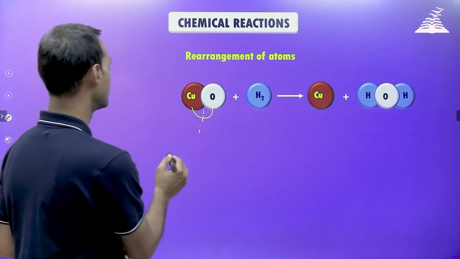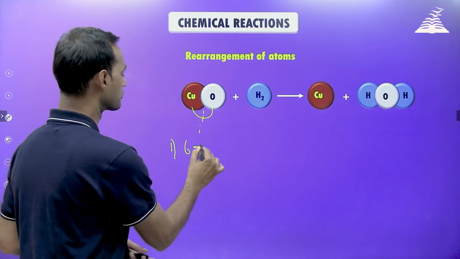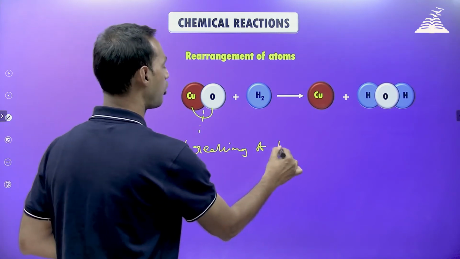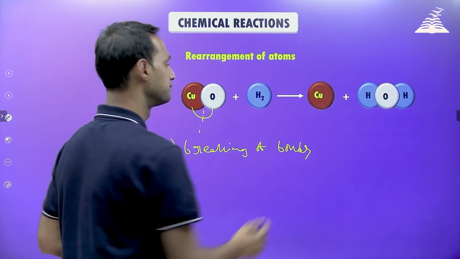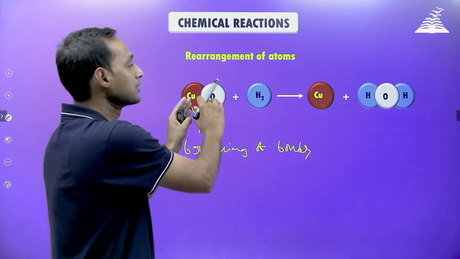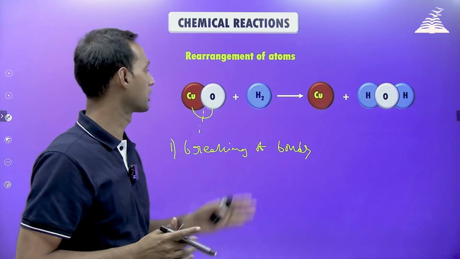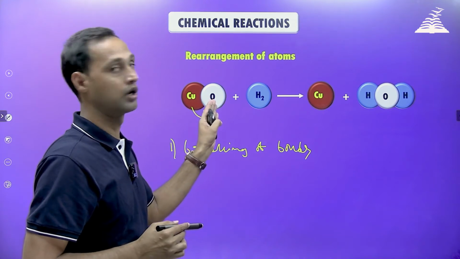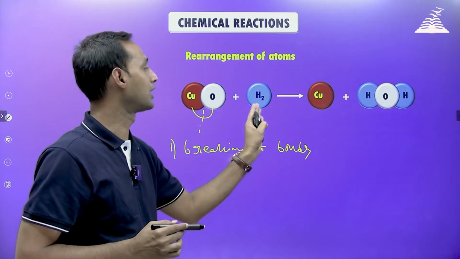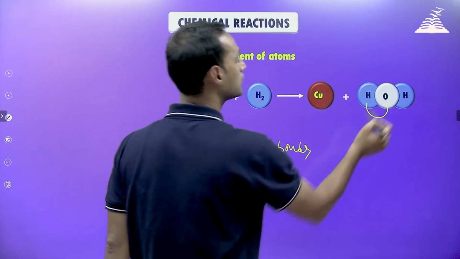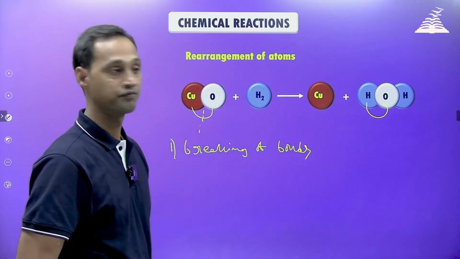The first thing is breaking of existing chemical bonds. And then these atoms can get rearranged. Oxygen can now go and combine with other atoms like hydrogen. You can see here oxygen is forming bonds with hydrogen atoms.